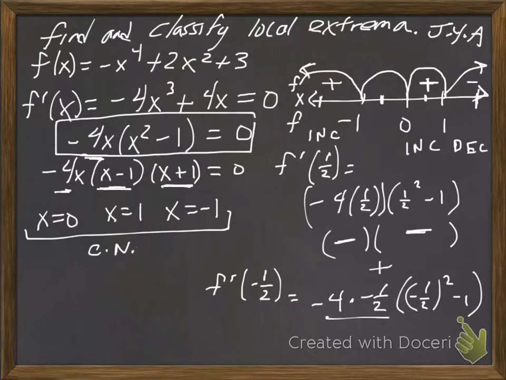Well, the outside here will give you a positive result, and the inside, negative 1/2 times itself, will give you a positive. Fraction minus 1 will give you a negative result, and a positive times a negative yields a negative. So that there is also a negative, giving you a decrease.